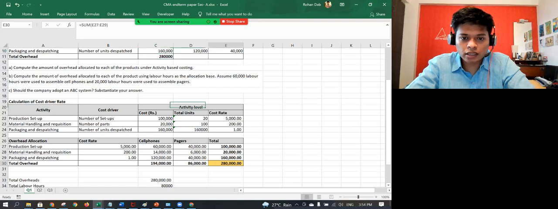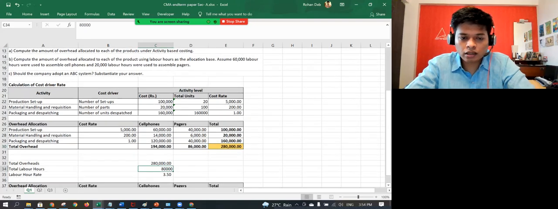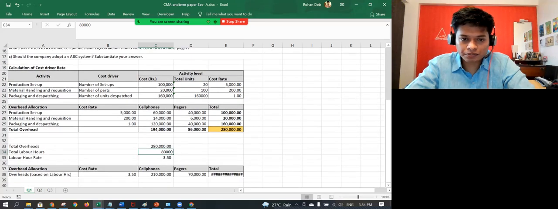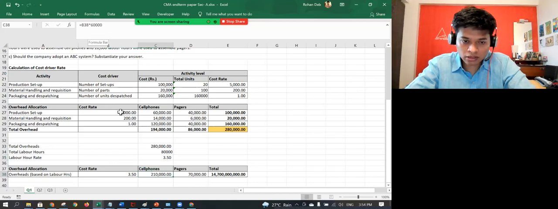So total overhead divided by the number of labor hours, 60,000 plus 20,000. This gives me a labor hour rate of 3.5. Now this labor hour rate of 3.5 is multiplied by the number of labor hours. For this one I've taken 60,000, and for the pagers I've taken 20,000, and this is my total allocation. Sorry, I think I multiplied instead of using the sum.